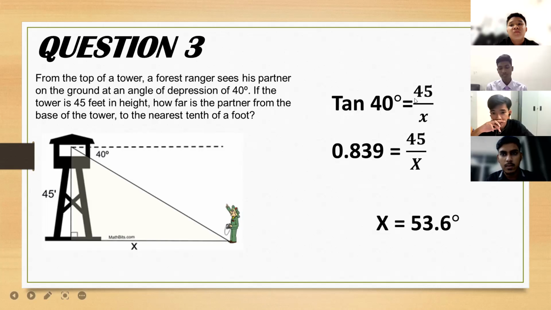We get 0.839. The 40 degrees is the angle between the tower and the ranger's line of sight, and 45 is the height of the tower. So 0.839 equals 45 over x. Then we calculate and get x equals 53.6. That's it.